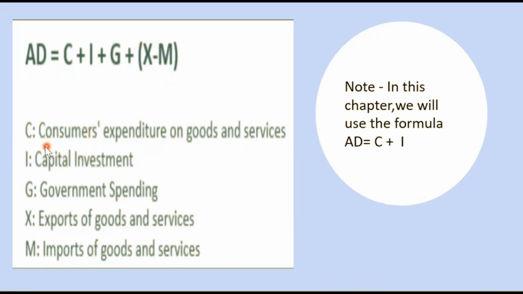C stands for consumption and it is private consumption expenditure. It refers to the total expenditure incurred by the household and non-profit institution serving household on the purchase of goods and services during a given period of time.